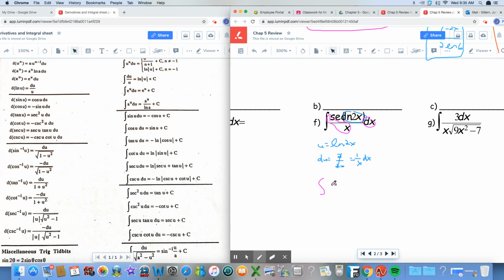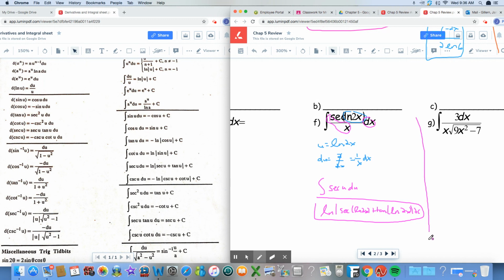I'm left with secant of the natural log of 2x, which is my u. I'm left with secant u du, which is right here. The natural log of secant u, which is natural log 2x, plus tangent of u, which is tangent natural log of 2x, in absolute value, plus c. There's your answer.